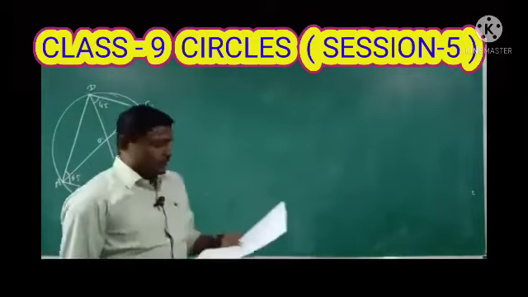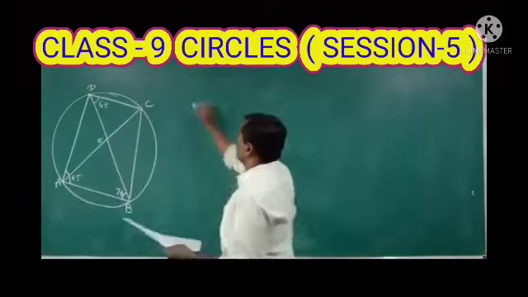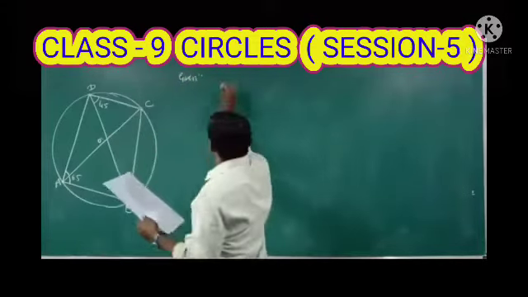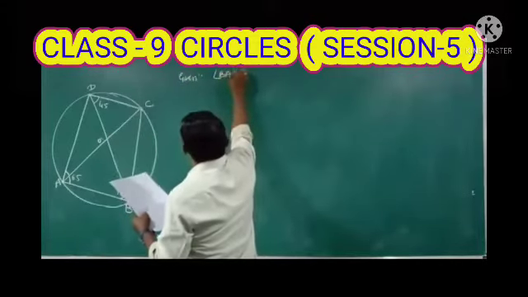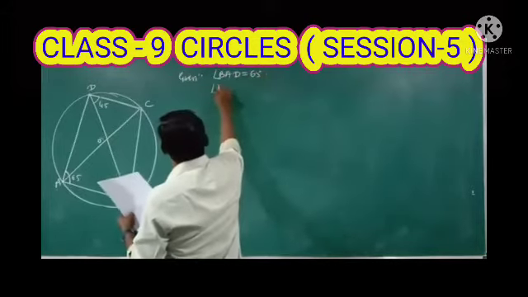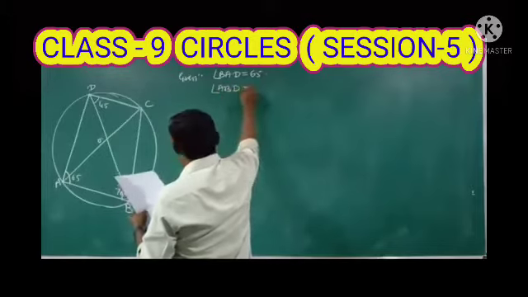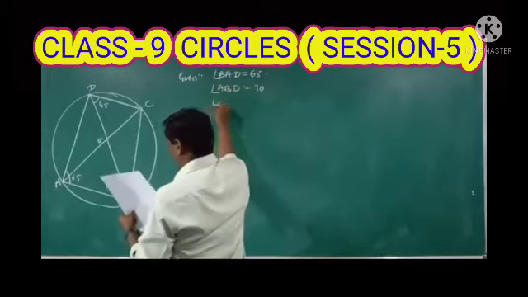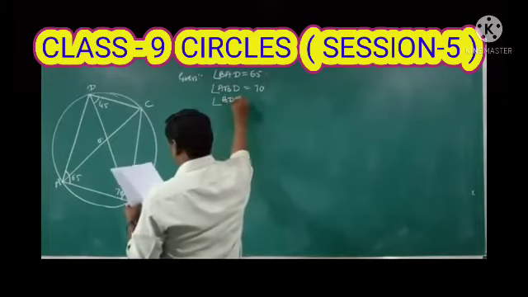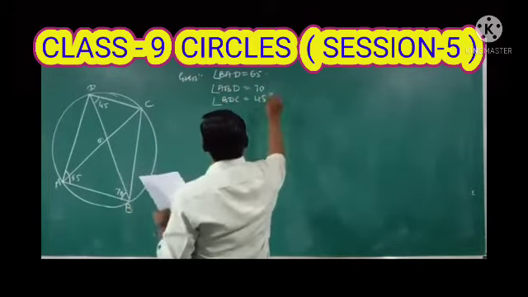So what are the given data here? Given data, angle BAD is equal to 65, angle ABD is equal to 70 degree, angle BDC is equal to 45 degree.